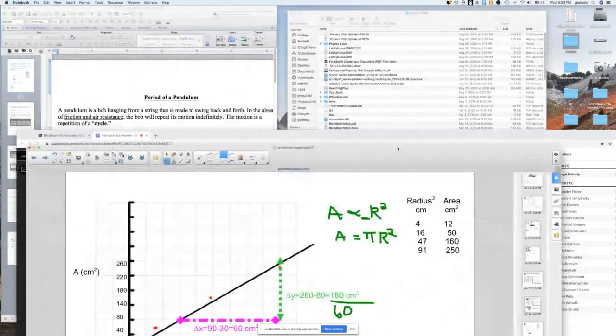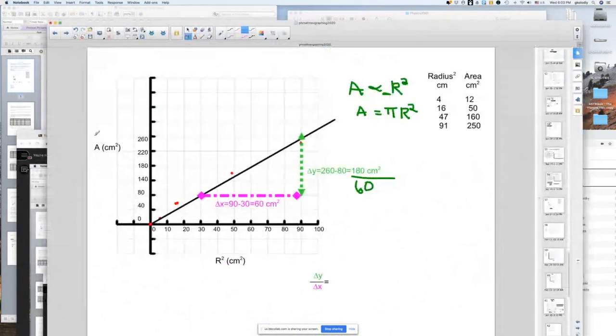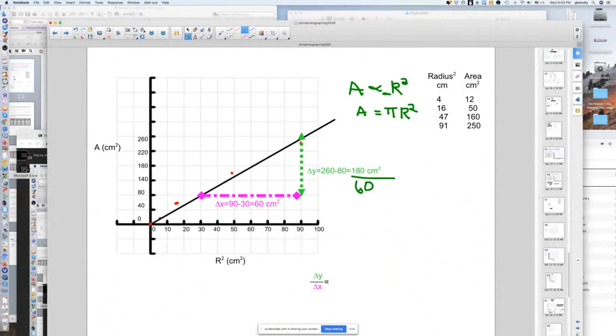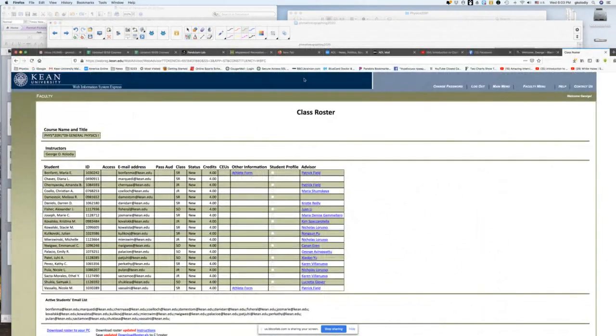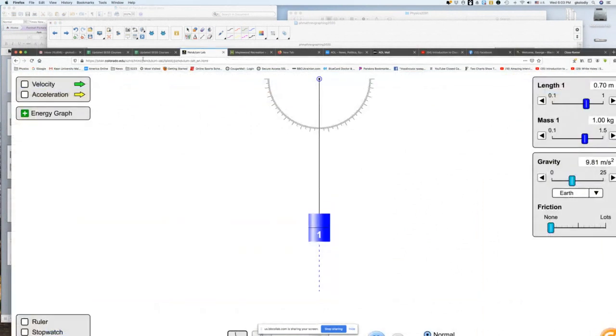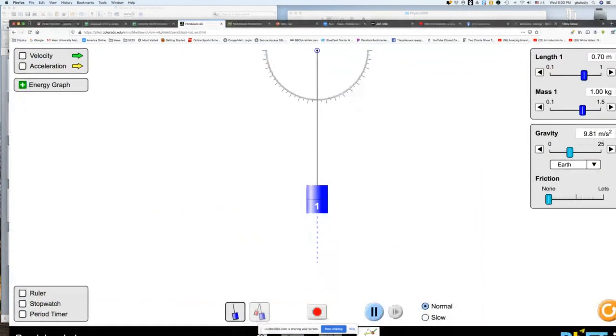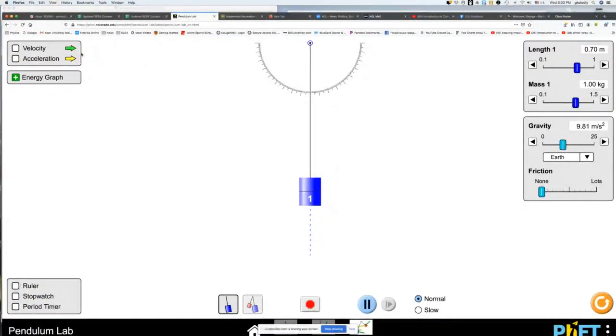So first of all, we're going to look at a simulation. It looks like this. We have a pendulum, and if we displace the pendulum like this, a certain number of degrees, it swings back and forth.